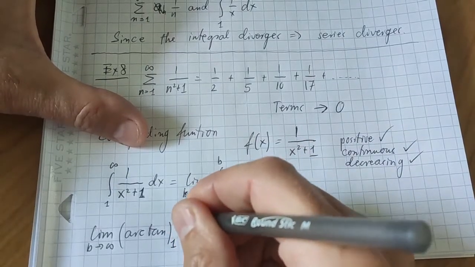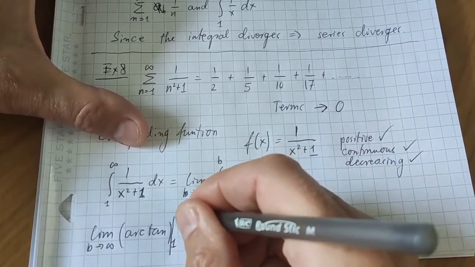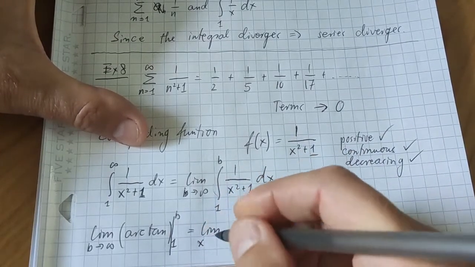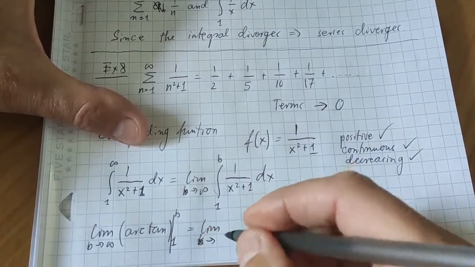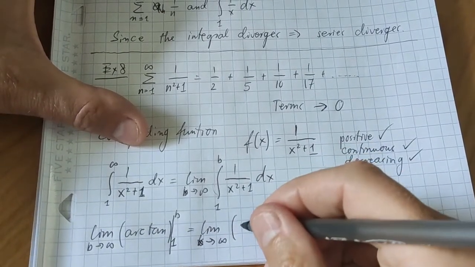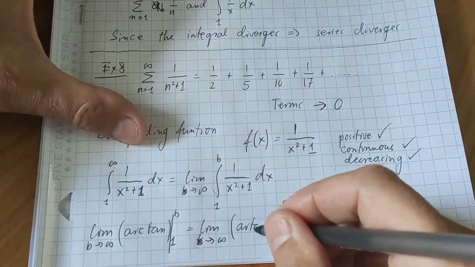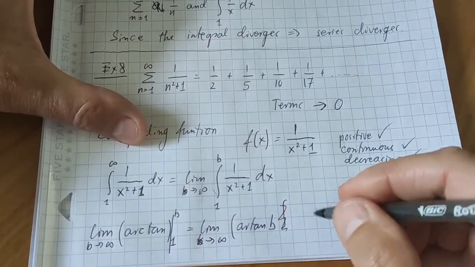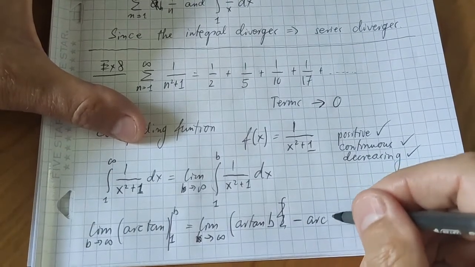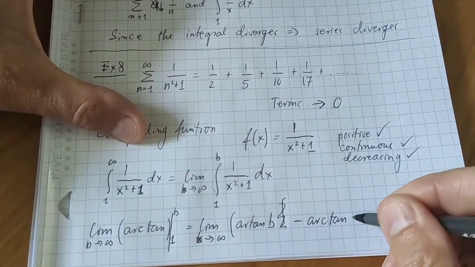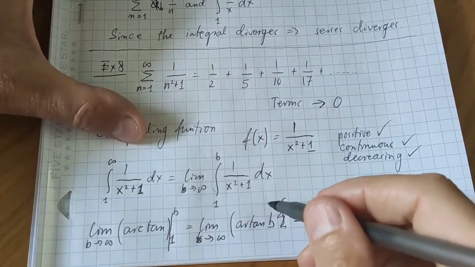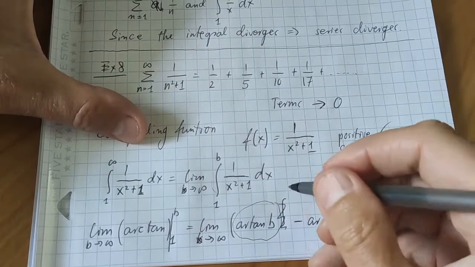Let's plug them in: arctangent of b minus arctangent of 1. If b is going towards infinity, arctangent of b tends to pi over 2.